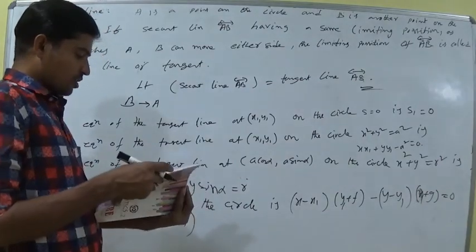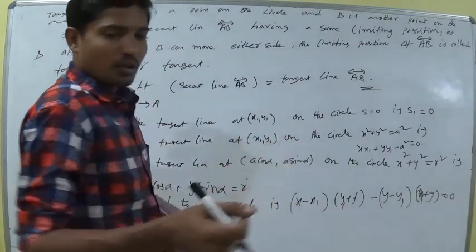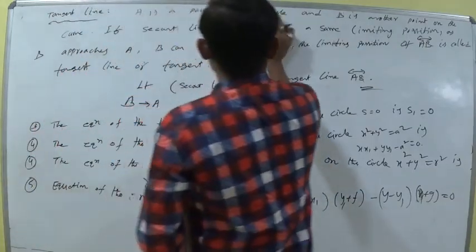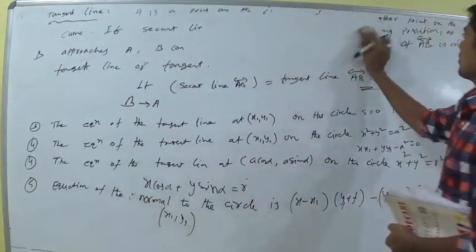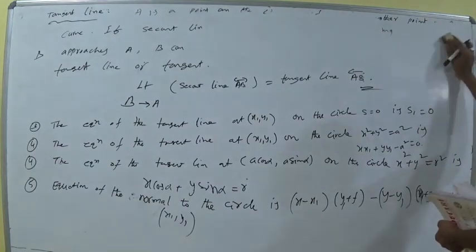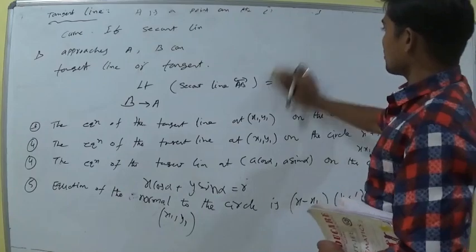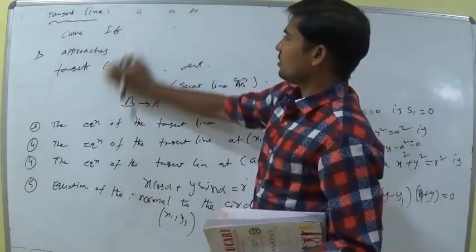The perpendicular distance between a line and a point, right? Ax + by + c = 0 is a line. Then the perpendicular distance is the modulus of the expression by the square root of a² + b².